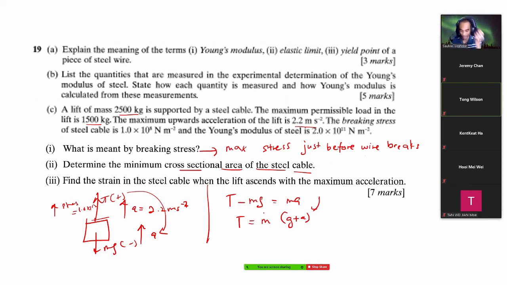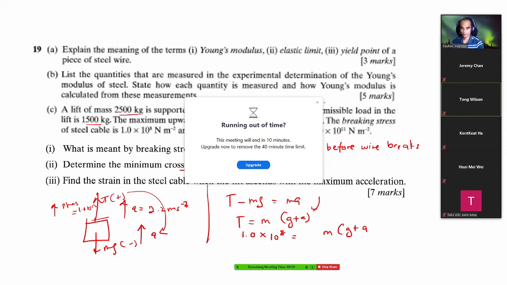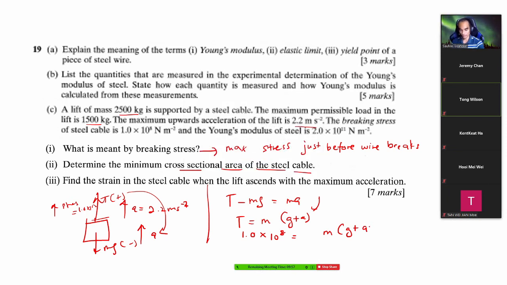You have 1.0 times 10 power of 8 equals m(g plus a) divided by A. So the mass is 1500 plus 2500.